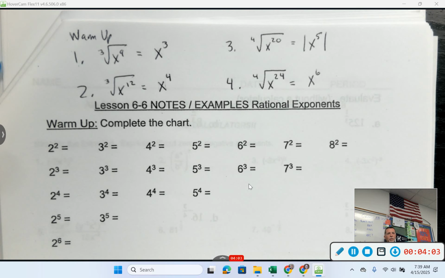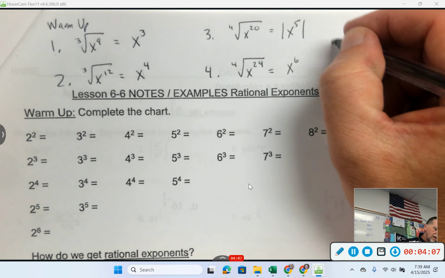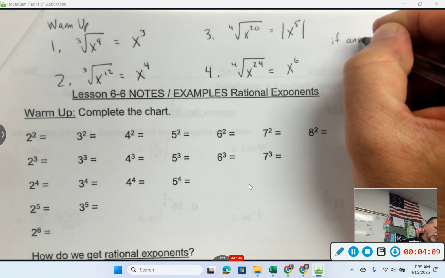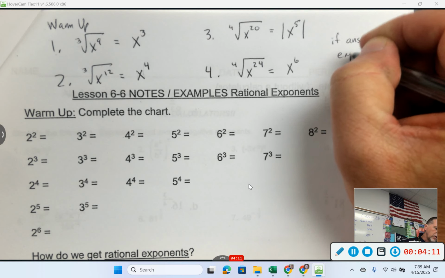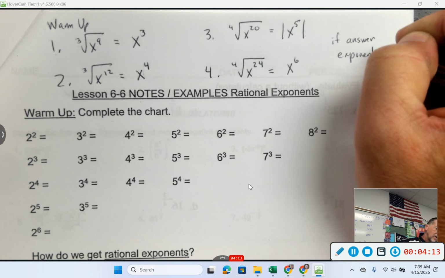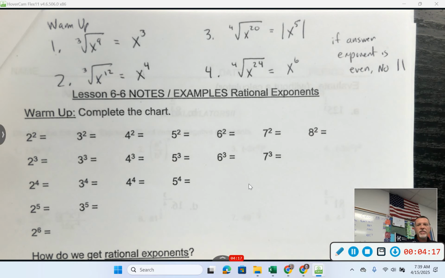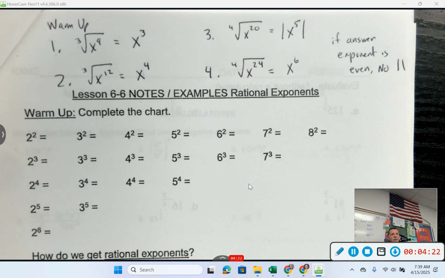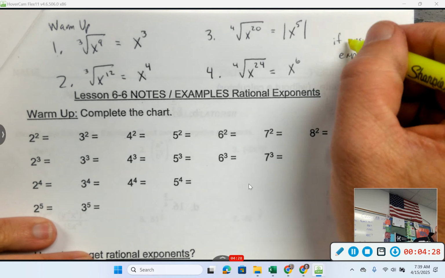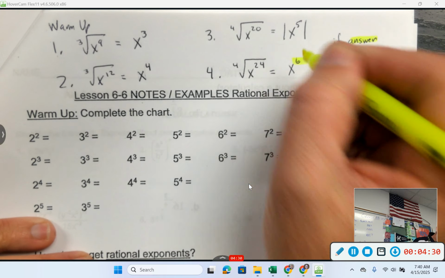Okay, so if you guys want a rule, we can try to come up with one. I think the first thing is if the answer exponent is even, then no absolute value bars. Right? Because it's pointless. You're going to get positive anyway. So if your answer exponent is even, no absolute value bars.